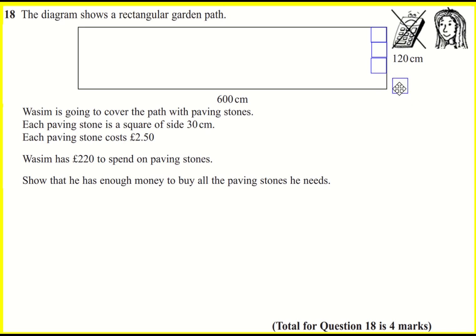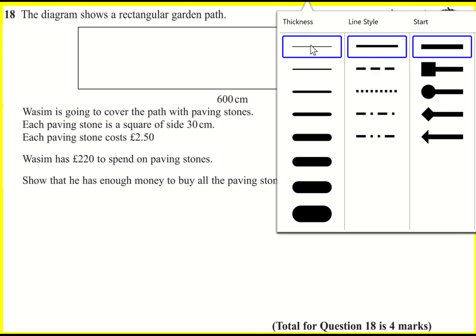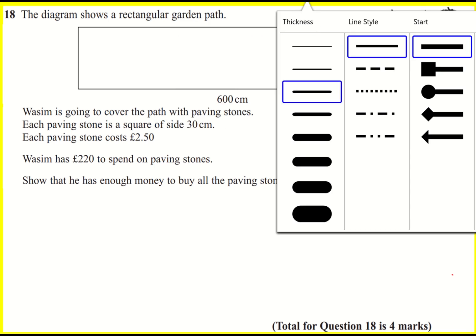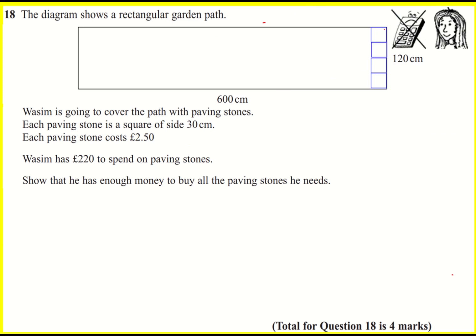So if you think about the paving slabs here, I'm going to show you that they are each 30. So this is 30, 30.